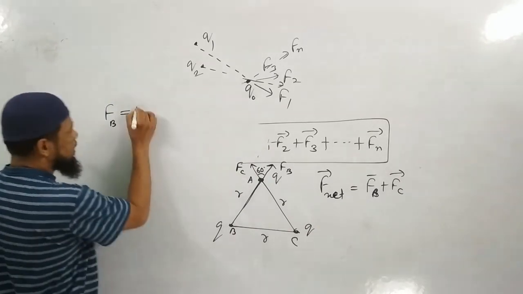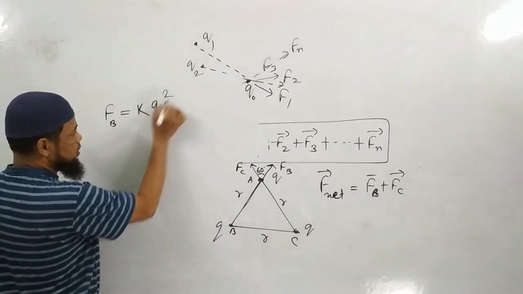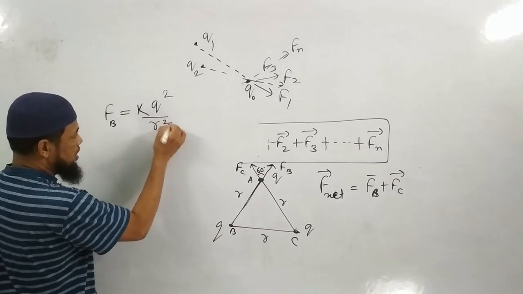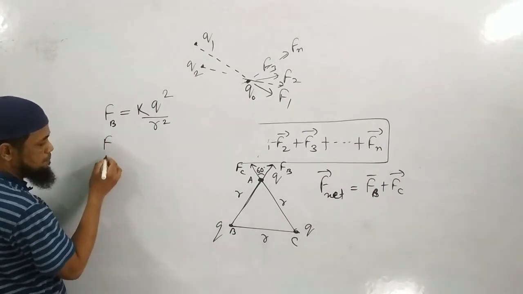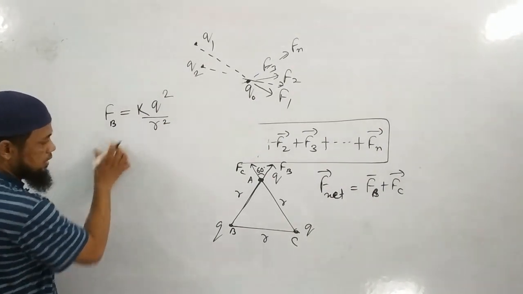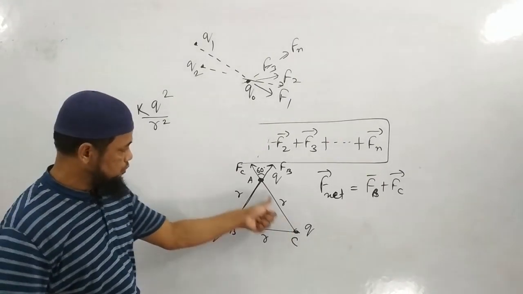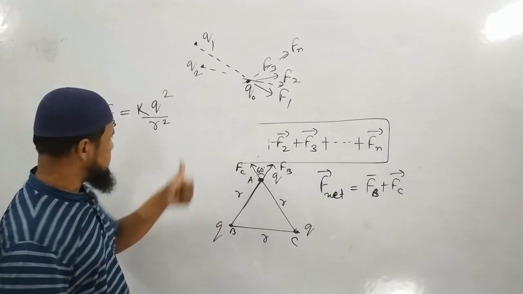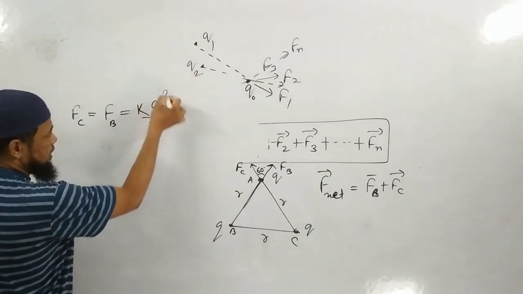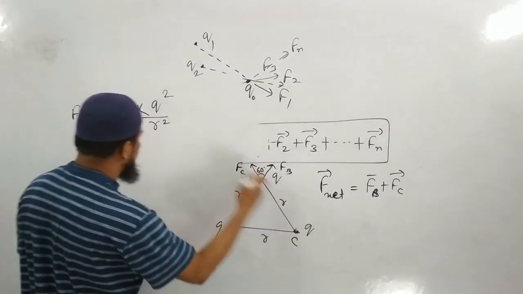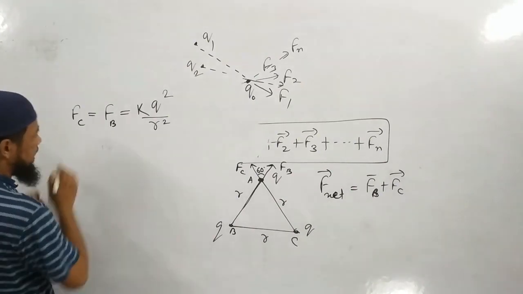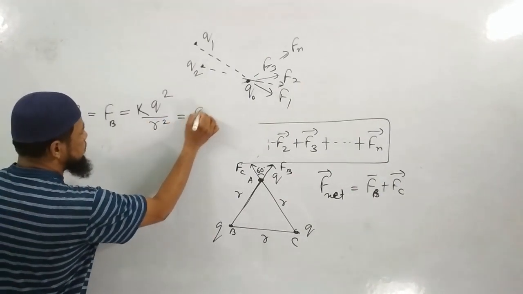K Q into Q, Q square divided by separation R square. Force by C will also have the same magnitude, K Q square by R square. Okay, let me call these two forces equal to F.